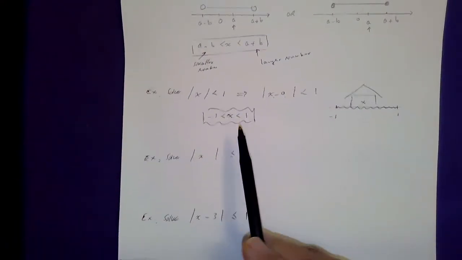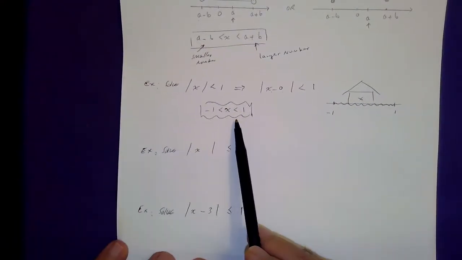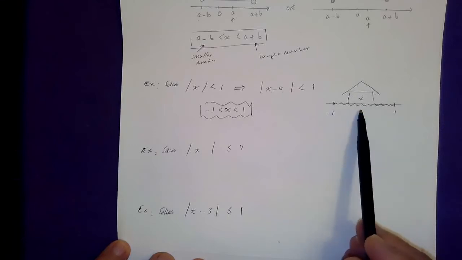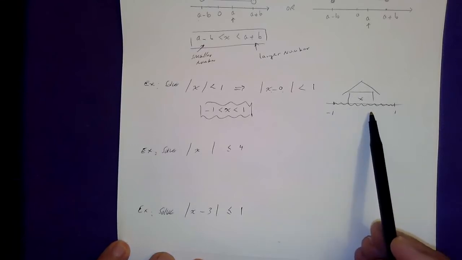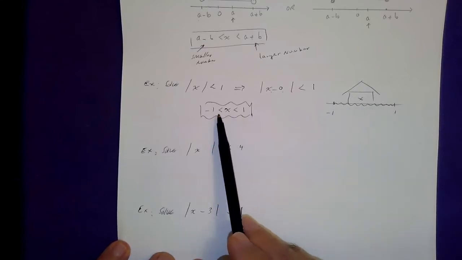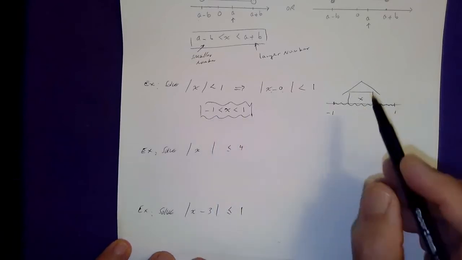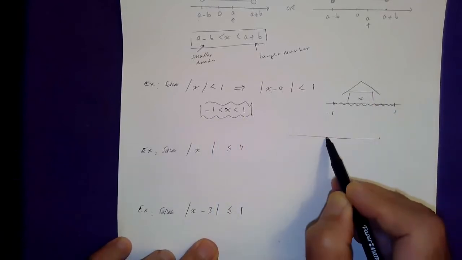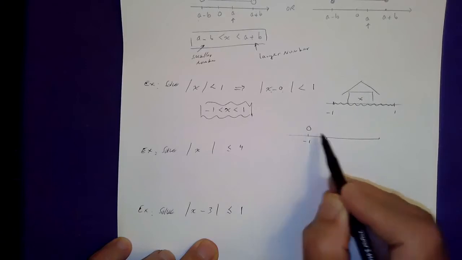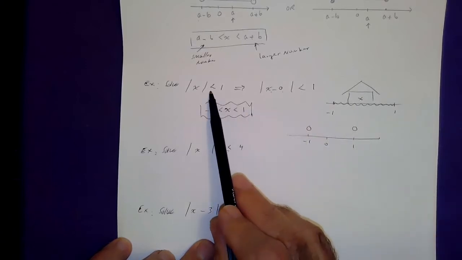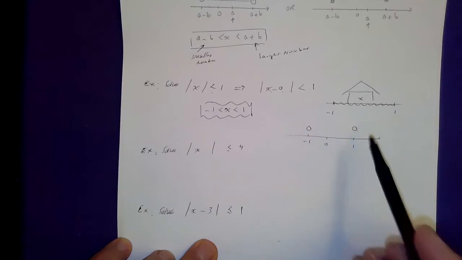So what that means is the owner of the house is allowed to walk somewhere within 1 mile of the house in either direction. So that's what this is. x is greater than -1, but less than 1. So as far as the number line, here's -1, here's +1. Notice there is no equal sign, so the dots are open.